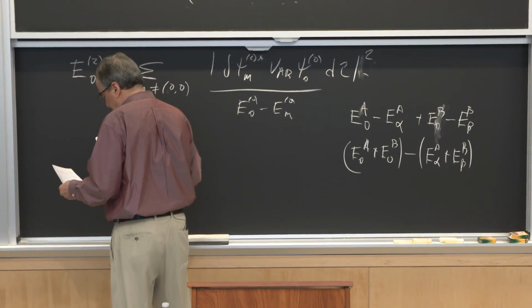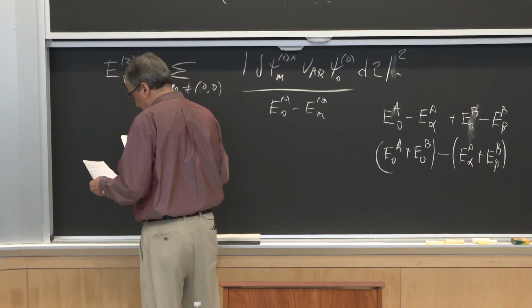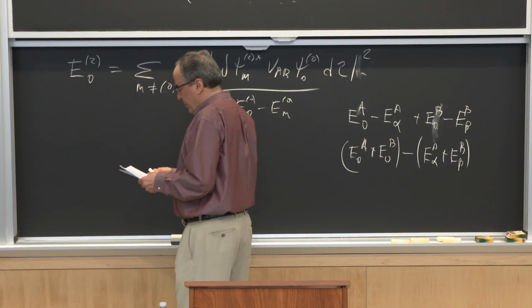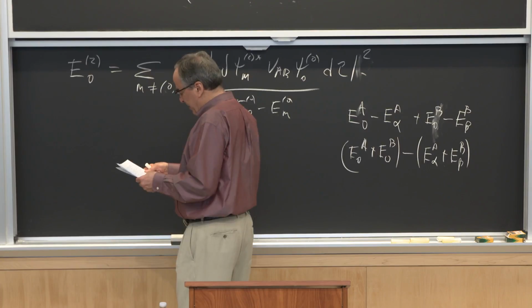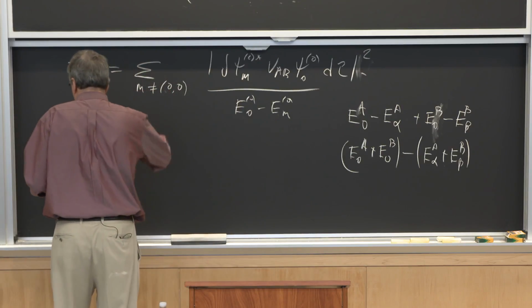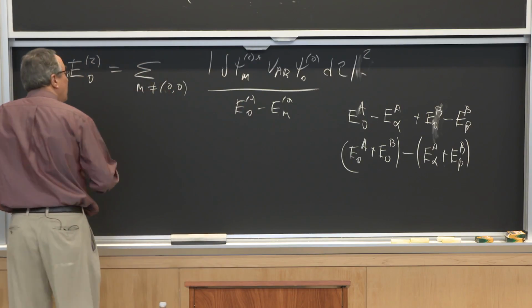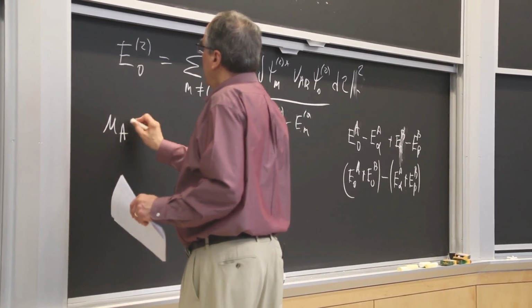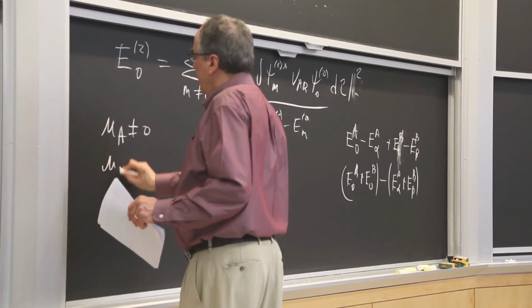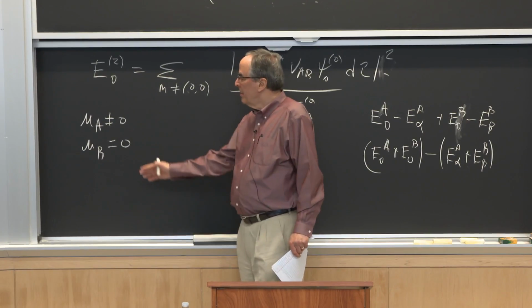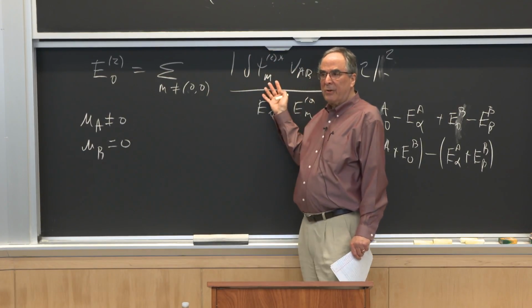Okay. Now, suppose mu A is not 0 and mu B is equal to 0. Okay, well then all these formulas go out the window.